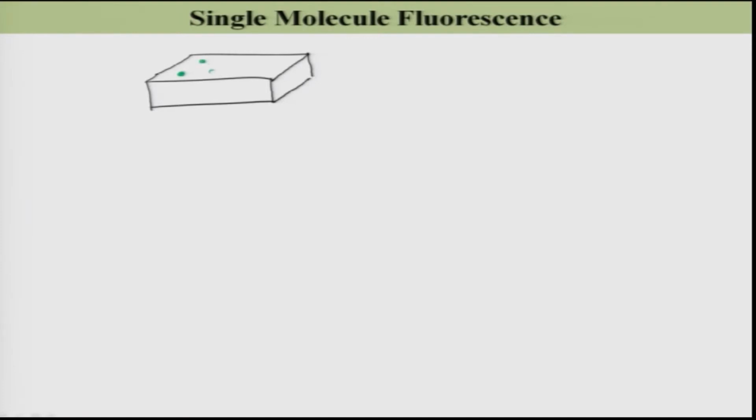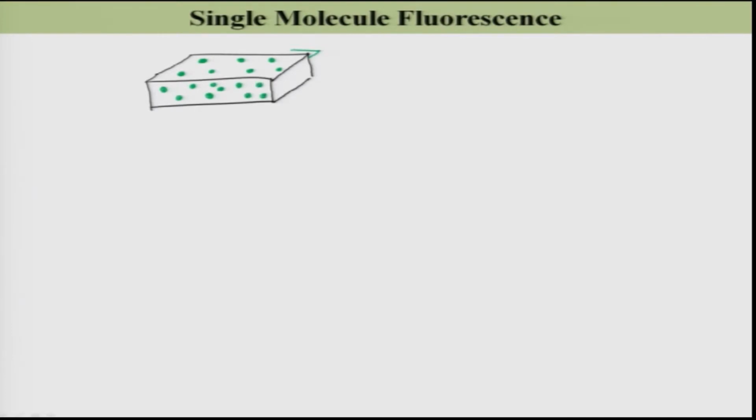As this is a solid matrix, if you take a cross section in this plane, we will see one molecule here, another here, and another here, in a random distribution.